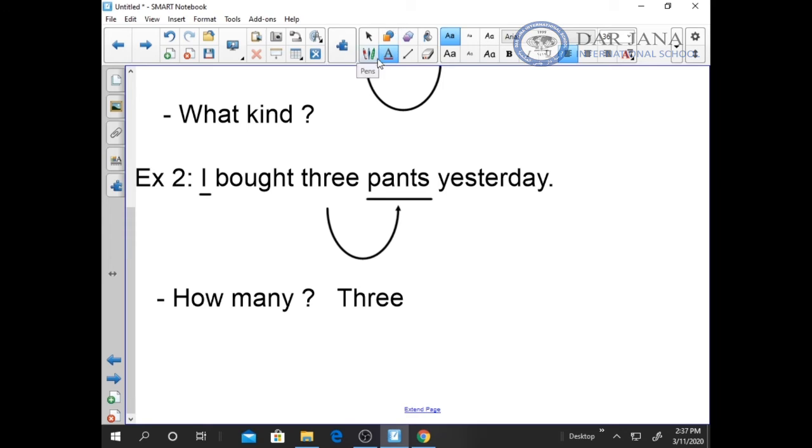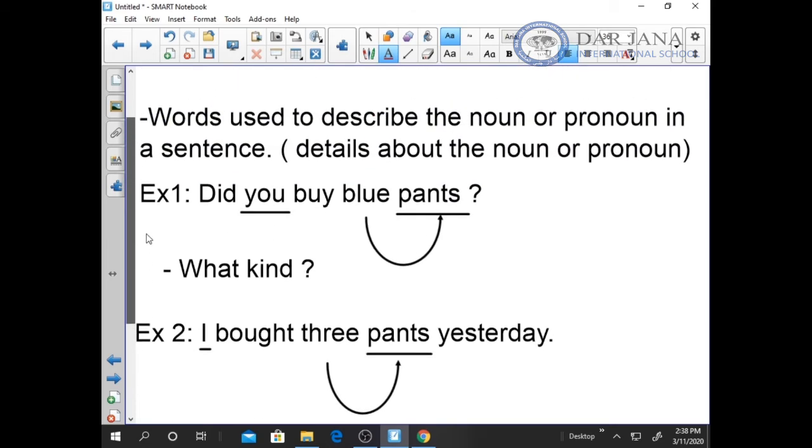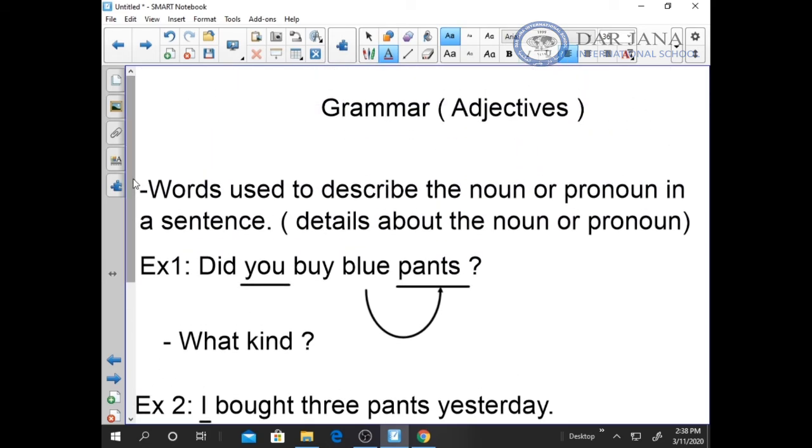So till now, I have 2 things about adjectives. The first thing I know about adjectives is that adjectives are words used to describe the noun or pronoun in a sentence. They give me details about these nouns or pronouns.